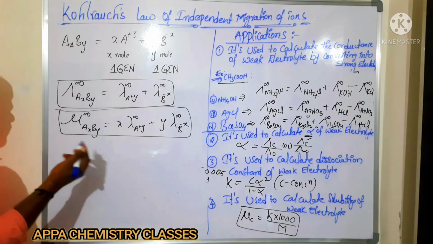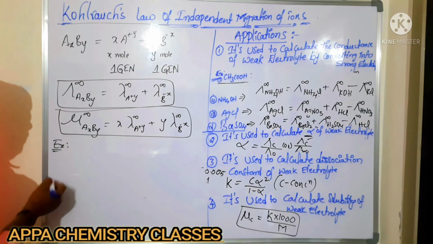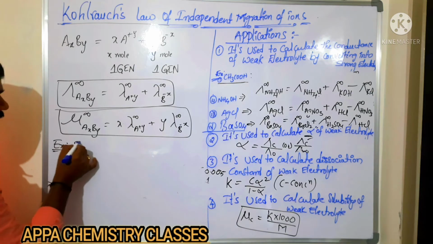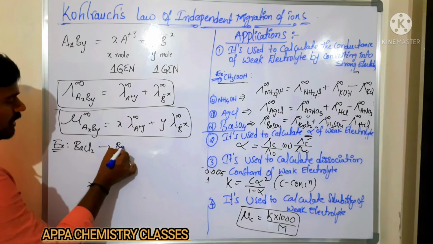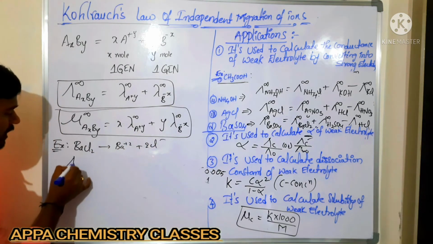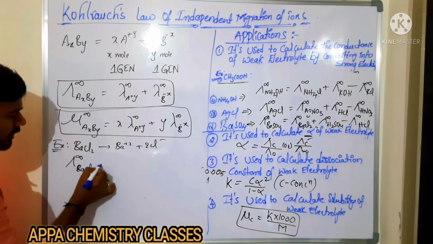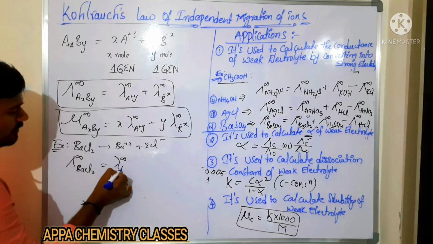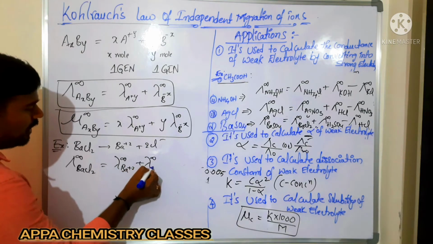Now we will take another example. I am taking barium chloride. Whenever it dissociates, we get Ba 2 plus and 2Cl minus. For this, limiting equivalent conductance is equal to the sum of the ionic conductance of cation and anion.